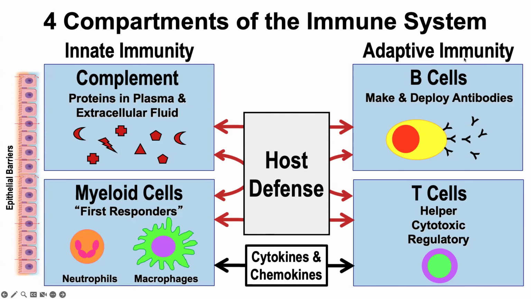These are the B cell and the T cell compartments, and we'll be mainly focused on the B and T cell compartments today. Each of these compartments, all together, comprise your host defense, and they interact with one another through direct cell-cell interactions and through the secretion of cytokines and chemokines, which I'll talk about in just a minute.